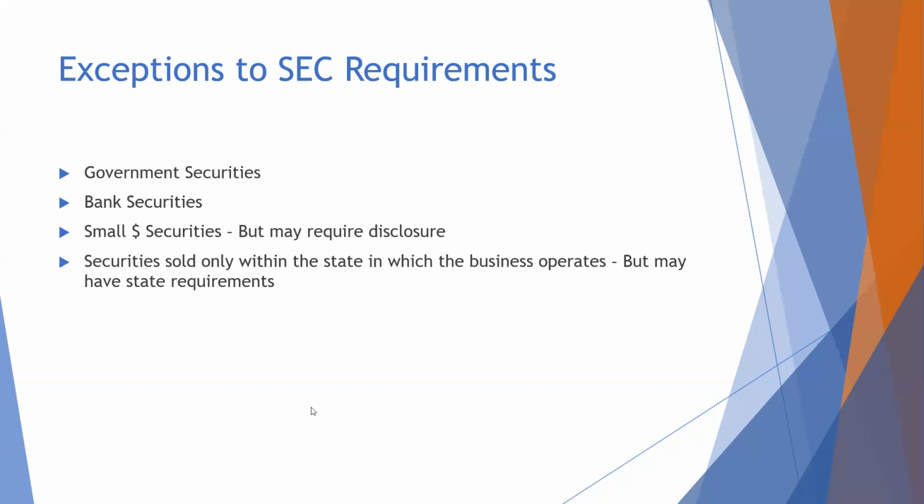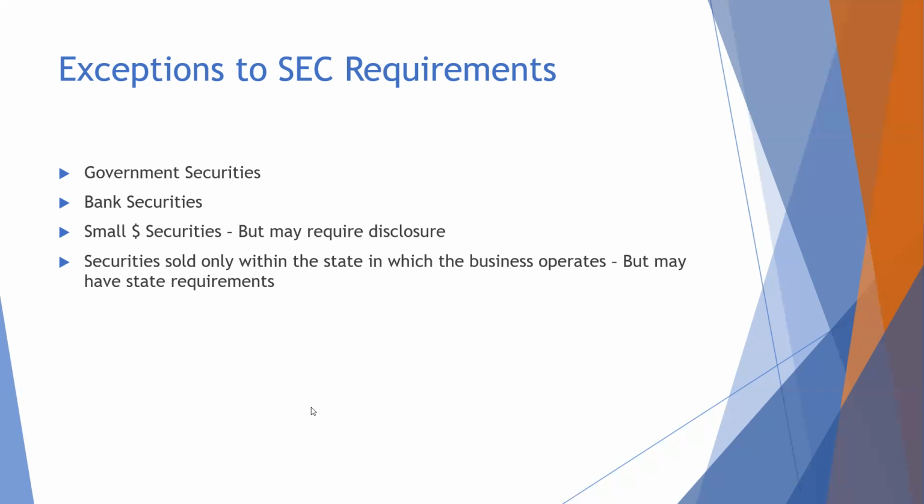And another exception to the SEC is securities sold within the state that the business operates in. They don't operate anywhere else. They operate in Oklahoma. They're a public company. They trade securities, but they only sell them within the state of Oklahoma, and they only conduct business within the state of Oklahoma.